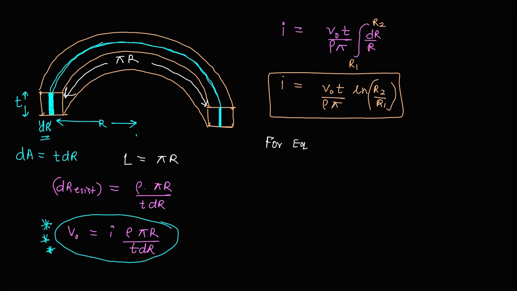for equilibrium of an electron, I can say that eE is equal to m v square upon r. Now this is a very interesting part. Over here we have equated the electric force with m v square upon r, where Vd is the drift velocity.